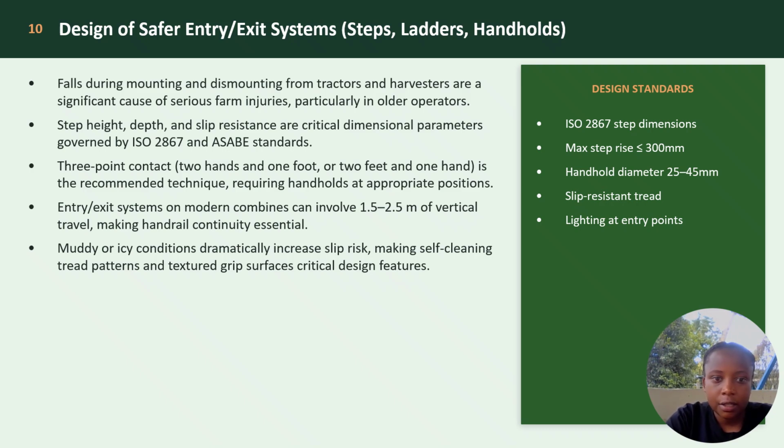Entry and exit systems on modern combines can involve between 1.5 and 2.5 meters of vertical travel, making handrail continuity essential. The last one, mud or ice conditions dramatically increase slip risk, making self-cleaning tread patterns and textured grip surfaces critical design features.